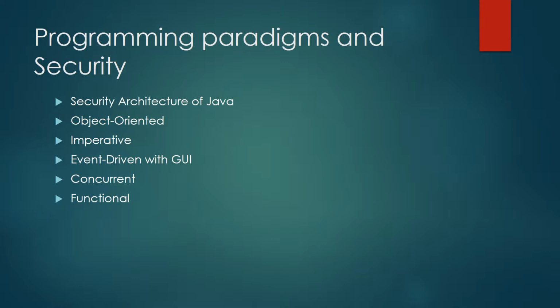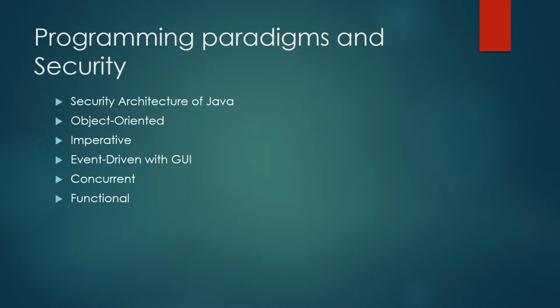In event driven programming, the execution of a program is dictated by the events. In concurrent paradigm, programs are designed as a group of communication process which execute together.